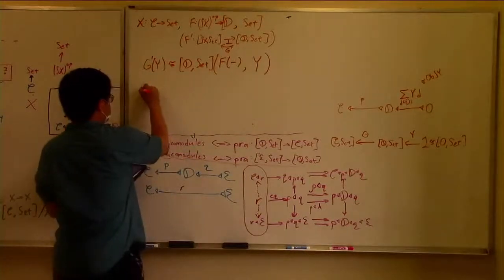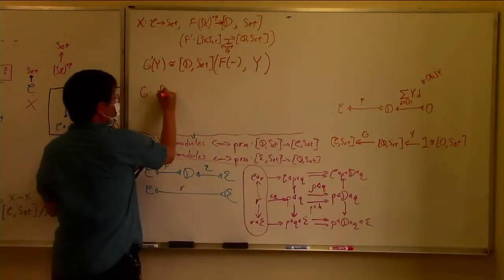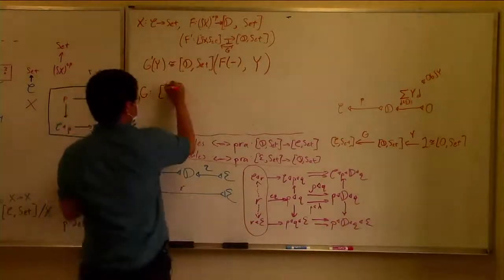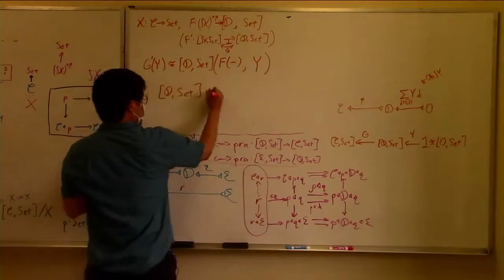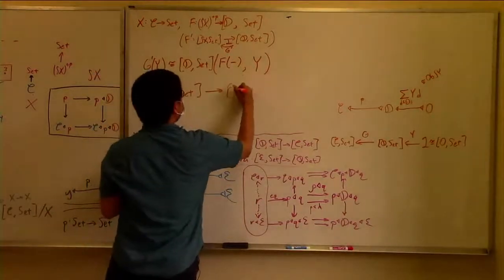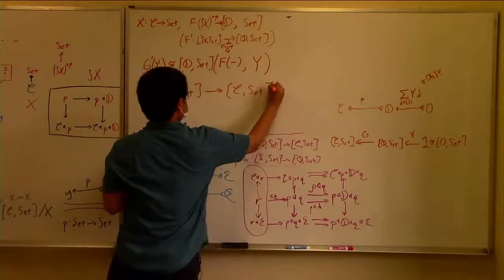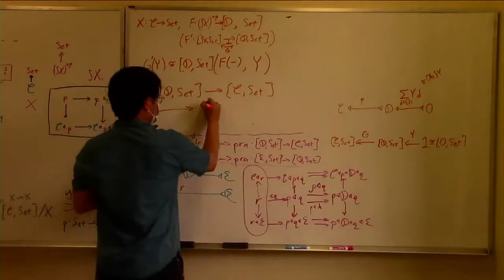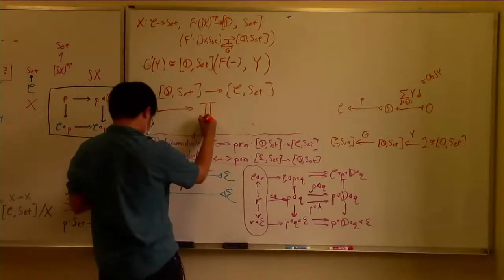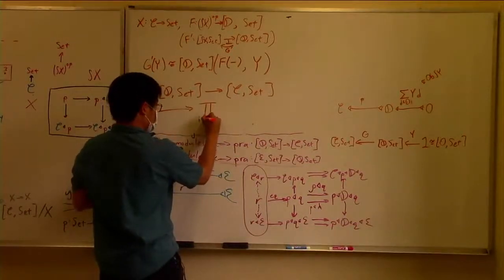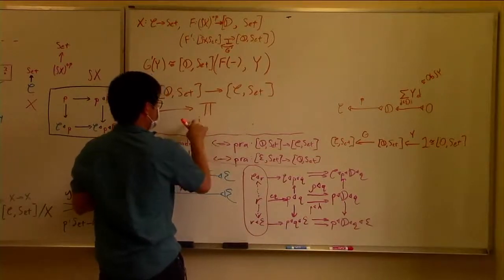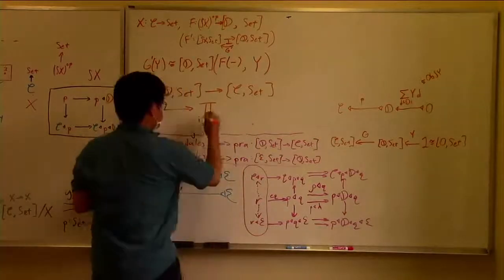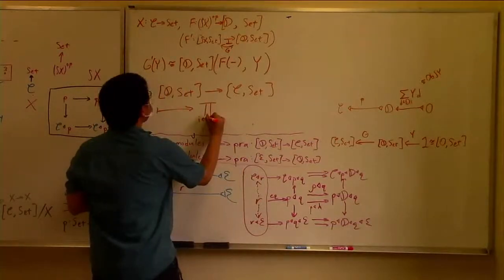And so it turns out that the corresponding parametric right adjoint is this functor from D comma set to C comma set that is going to send y to this product of, let's see, I'm just going to write little i, let me see, I can write this like this.